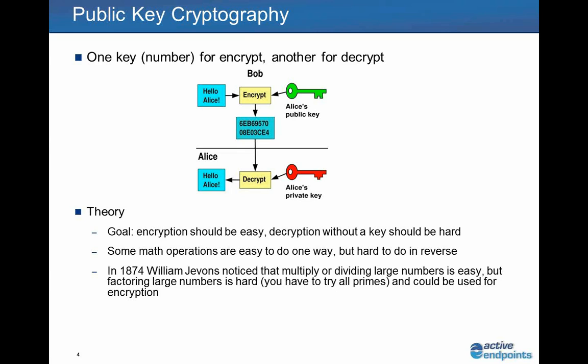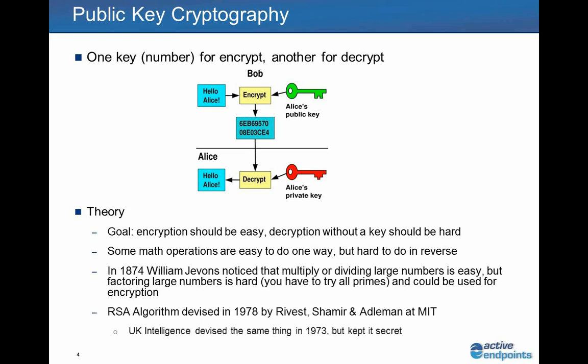And this asymmetry in what's hard, multiplying and dividing versus factoring, can be used for encryption. He didn't actually figure out a mechanism for it. That didn't happen until a century later. The RSA algorithm was devised in 1978.